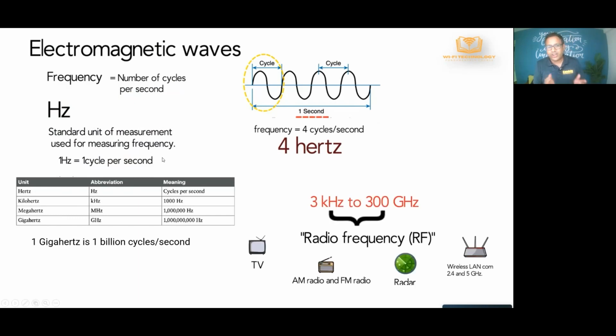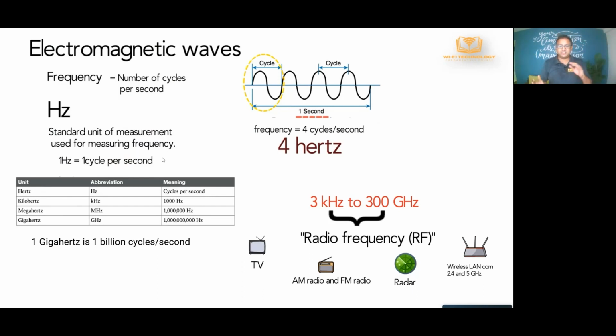Now, radio waves, as I was mentioning about the frequency spectrum, operate from around 3 kilohertz all the way up to 300 gigahertz. So they can go pretty high up. And of course, all the other waves we talked about, X-rays, gamma rays, and so on, go much higher. But most of the radio frequencies we're talking about are within this range.